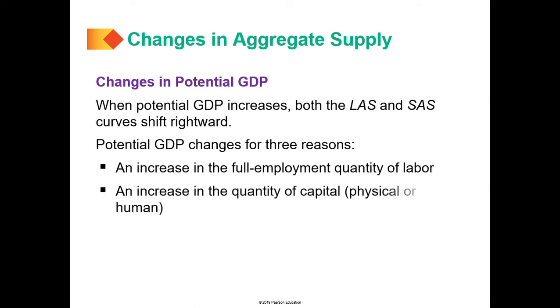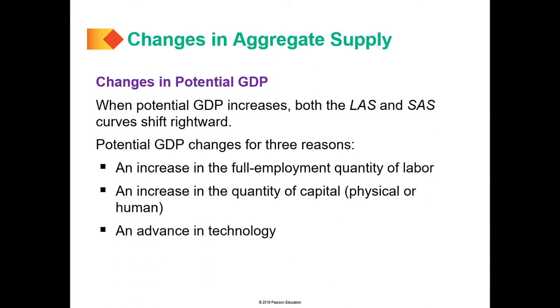Okay, so also we have changes in capital. Remember, we have two different types of capital. Physical capital is the machines, tools, and equipment that we use to produce other things, and human capital, which is the knowledge and skills and education and training that we have. So if we have more physical or human capital, the LAS and the SAS will shift to the right.